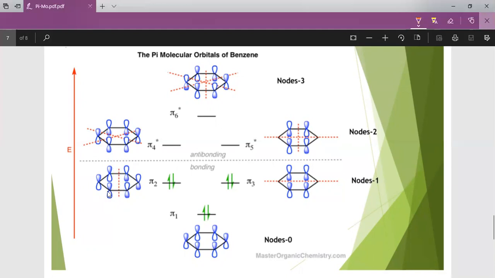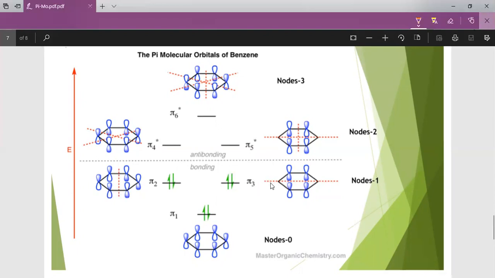But coming to here again, due to the presence of the node, C4 and C5 and C6 are showing anti-bonding interactions. Moving on to the pi 3 energy level, here the node is passing through the atom. In this case, there are two possibilities for the passage of the node. One node can pass through the bond, and one node can pass through the atom.